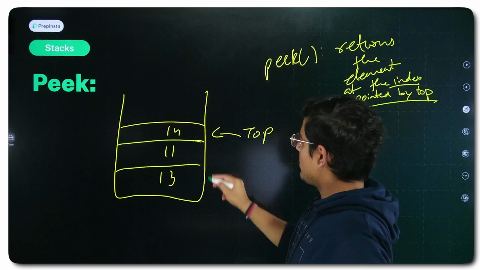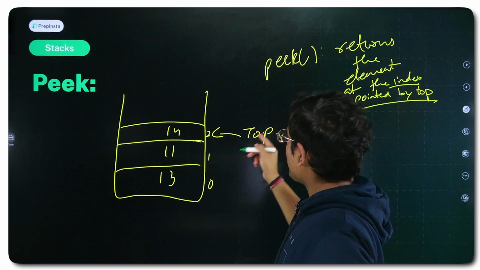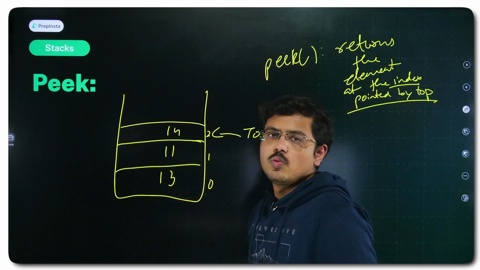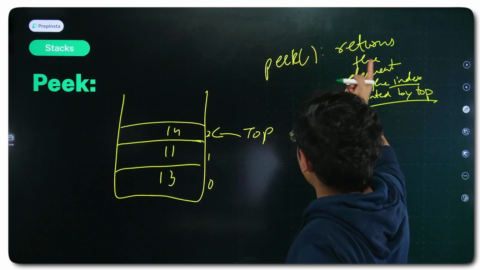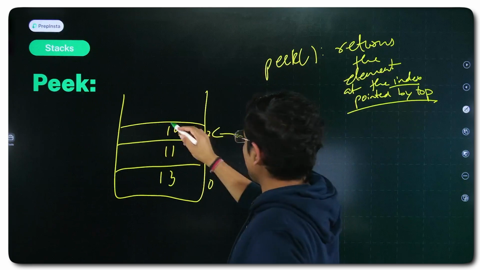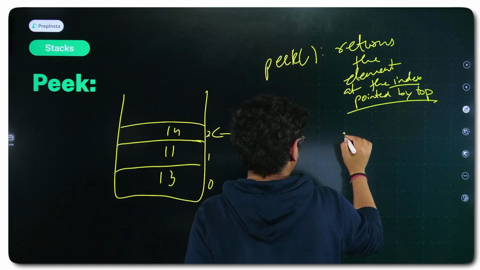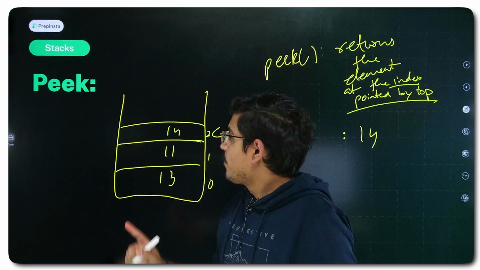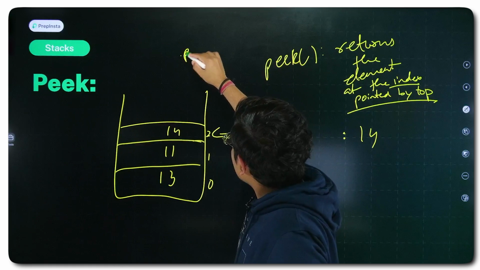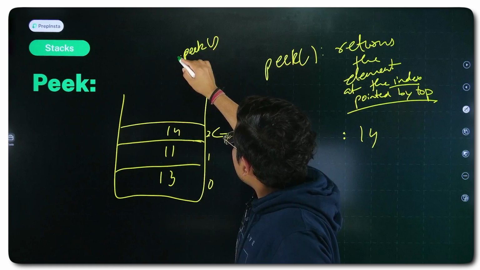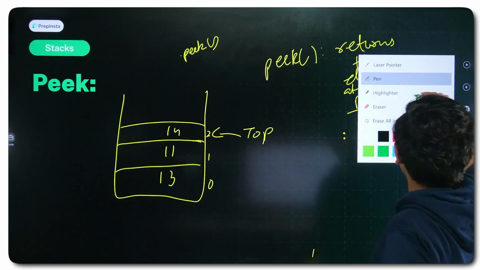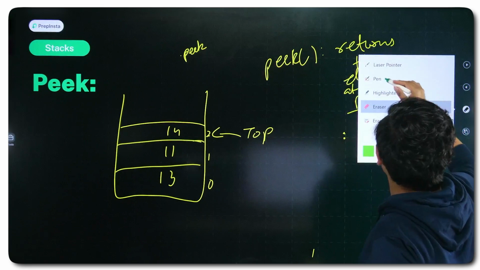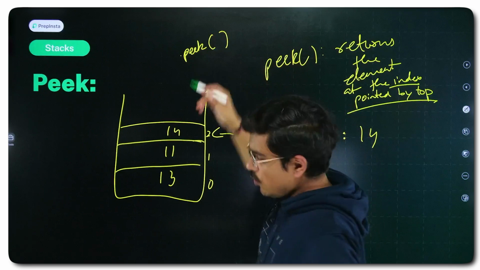For example, this is 0, 1, 2. So top is pointing towards the index 2. So the value that would be returned in peek would be 14. Fine. Now remember one thing. Peek is just like peeking on somebody. When you try and peek in a window or in a container, you look from the top.